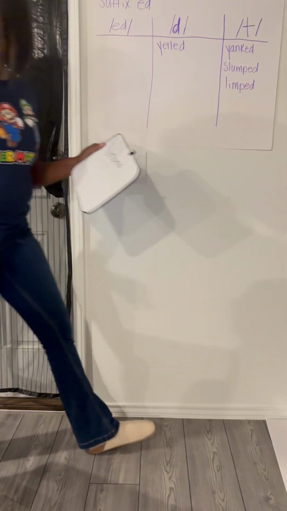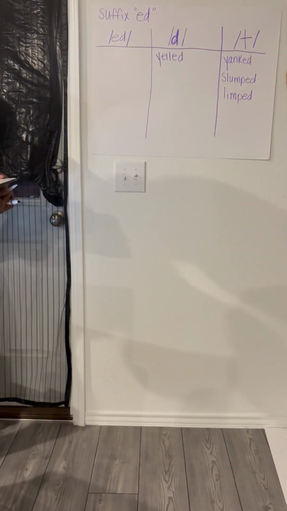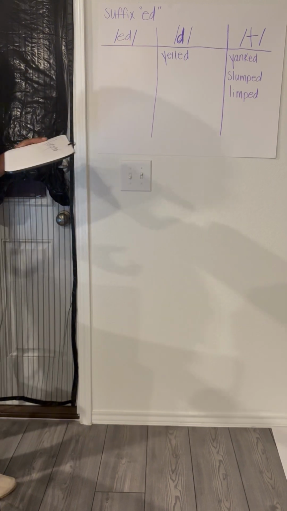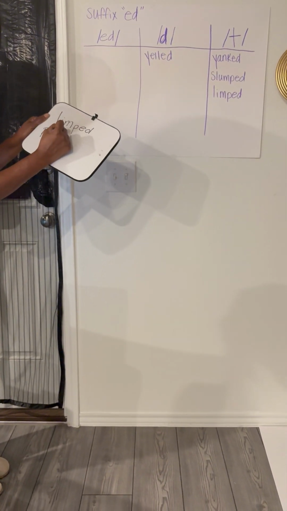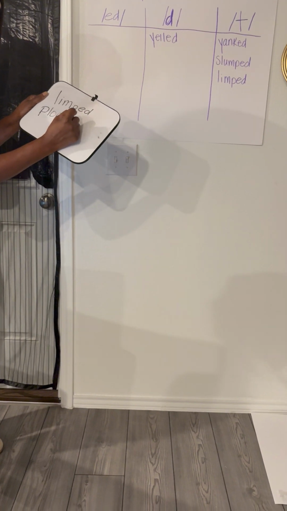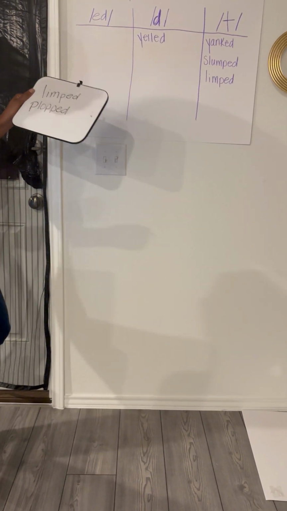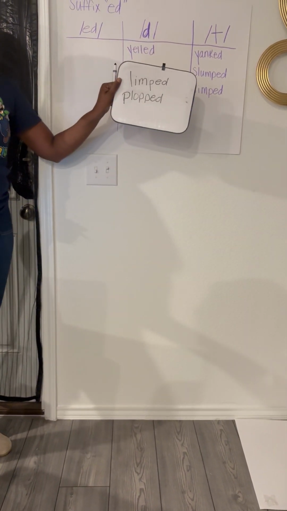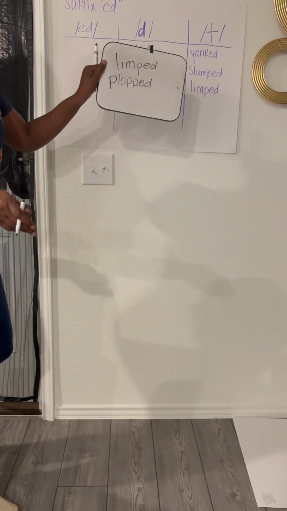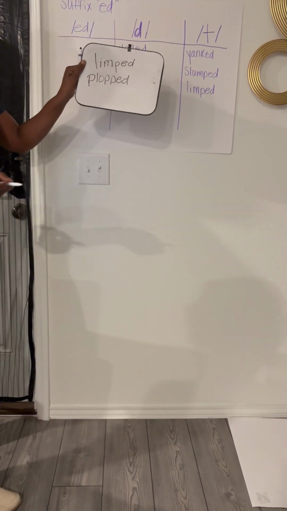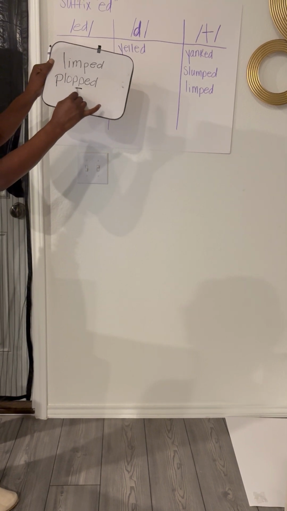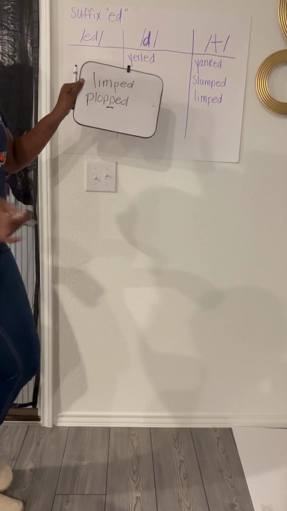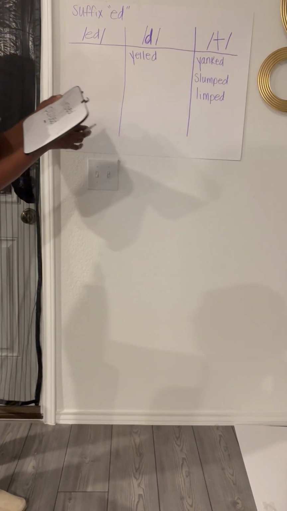All right. Next is going to be plump. Plump. D. You're right, and we had to add an extra consonant in there to make our ending past tense.